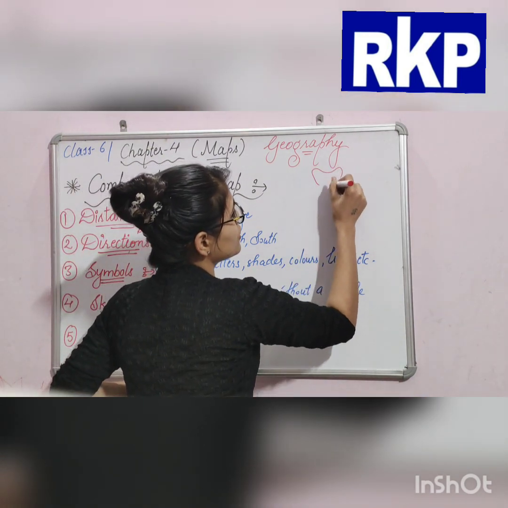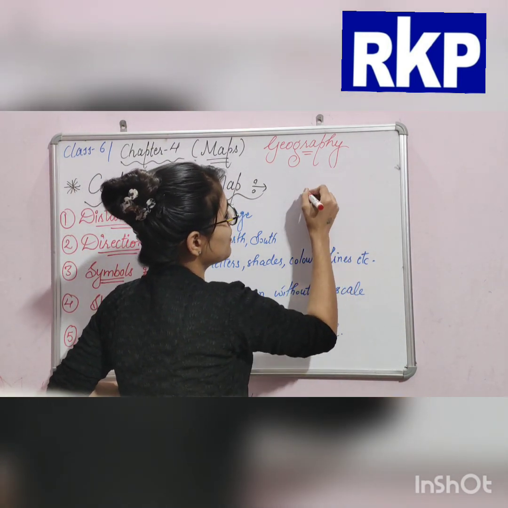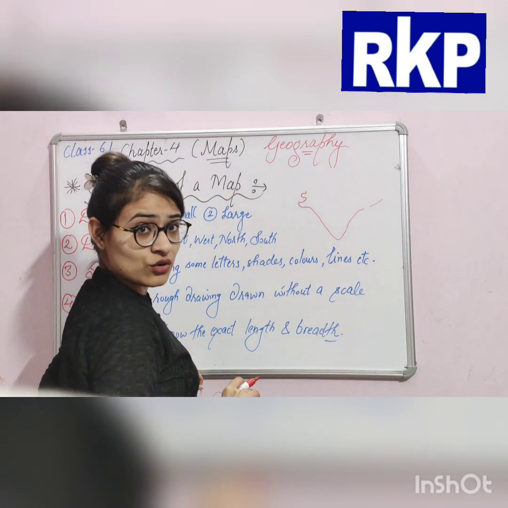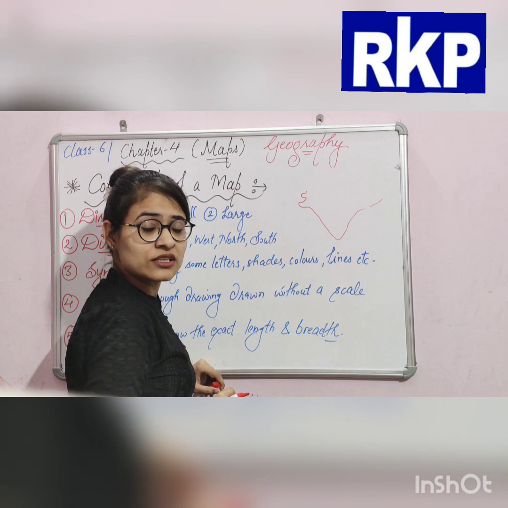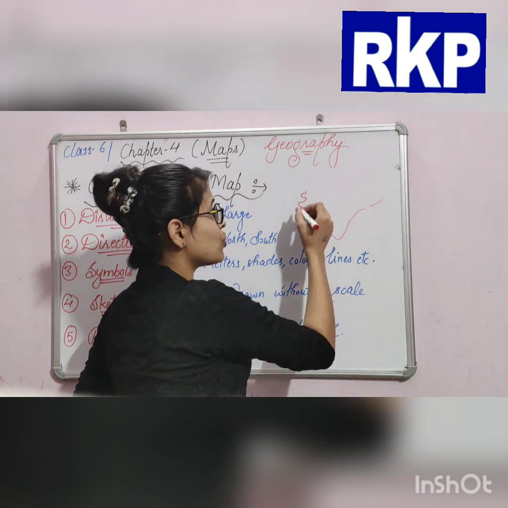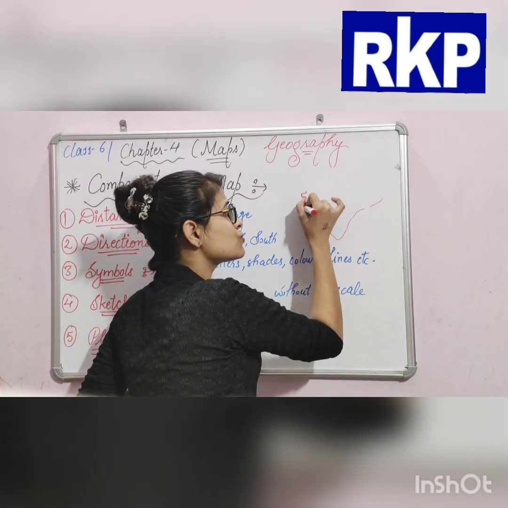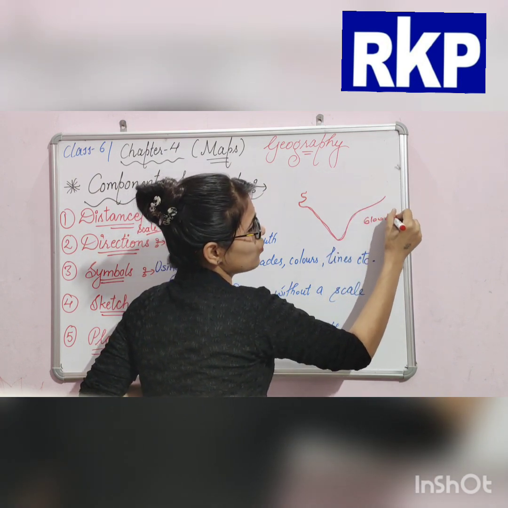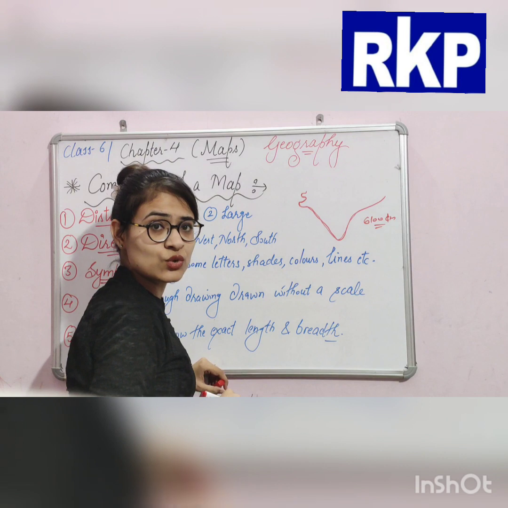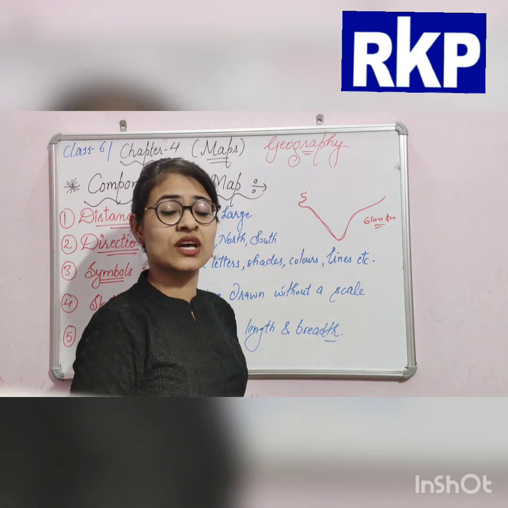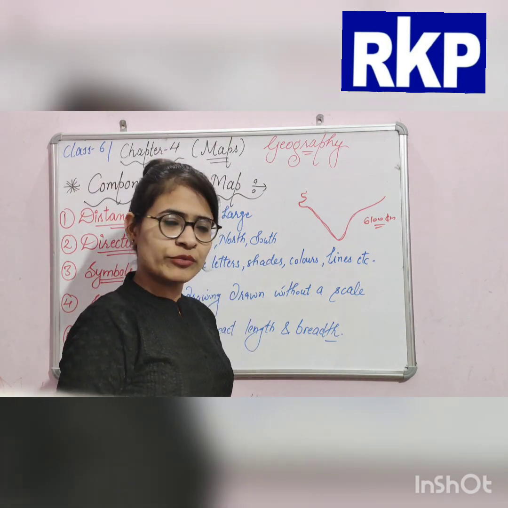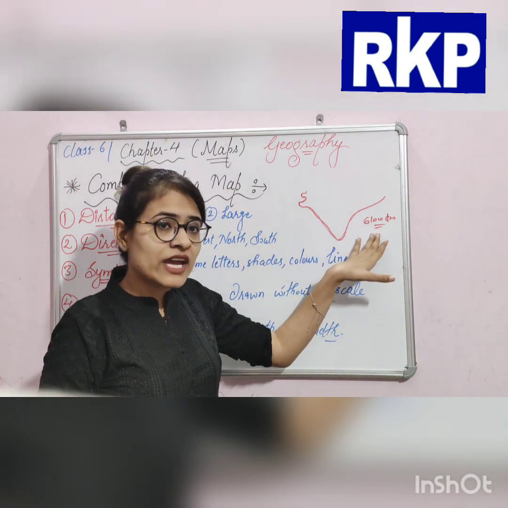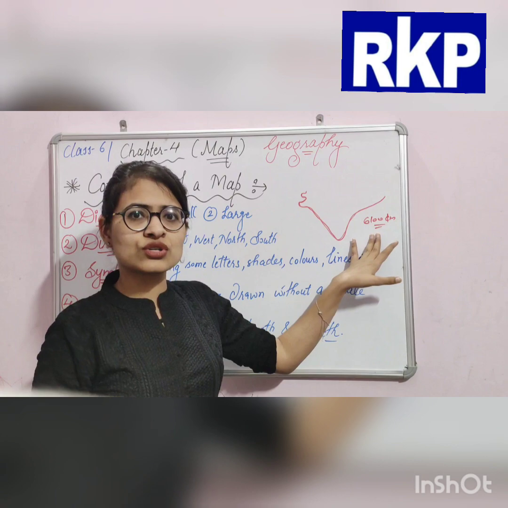Like, if I am discussing this, this is the southern part of India. If we are talking about the coastline, which is around 6100 kilometers, this is the actual length of the coastline.